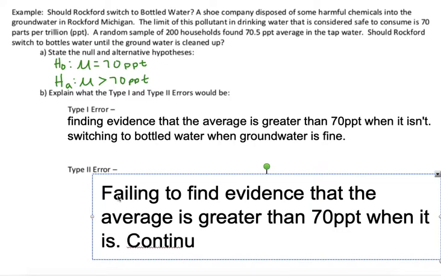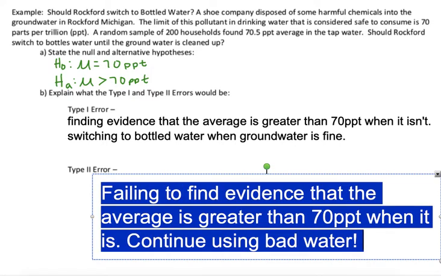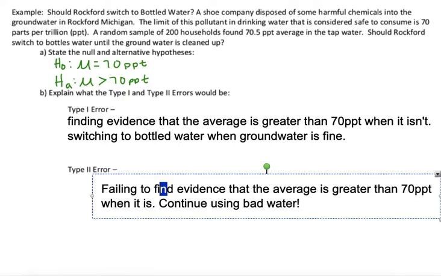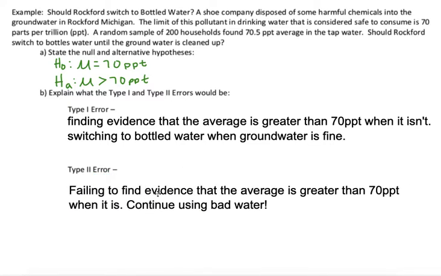This means we're going to continue using bad water. That's not good here either. This is now going to put the public in Rockford, Michigan at risk of consuming and continuing to drink bad water. This could lead to health concerns. This could lead to maybe poisonings and death.